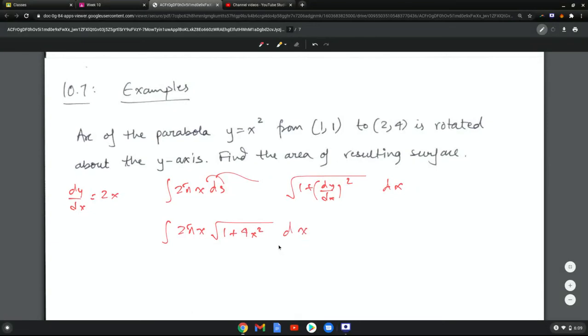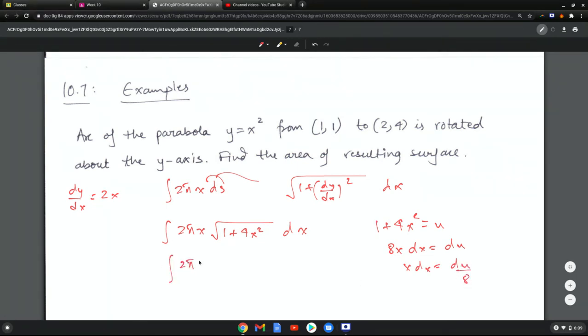Unfortunately, in this case, I'm not able to do any tricks, but the integration is not very difficult because I observed there's an x term outside, so I can use a u substitution, u equals 1 plus 4x squared, which gives me x dx is 1/8 of du.